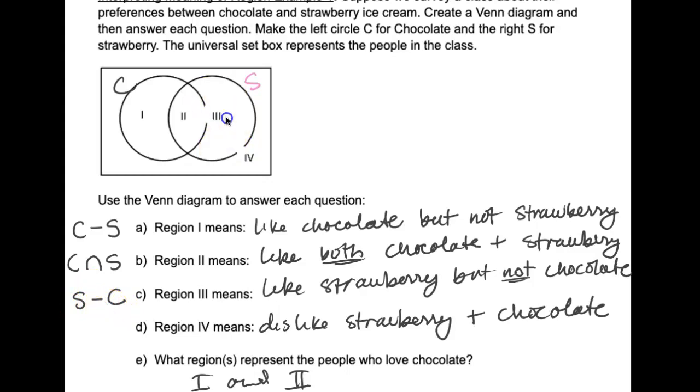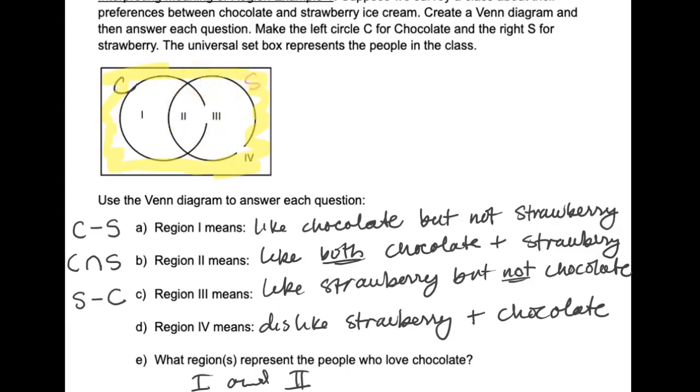And then for D, people who dislike chocolate and strawberry, that would be everybody on the outside. If we want to do a set notation, this one's a little tricky. One way to do this is to think about what this is not.